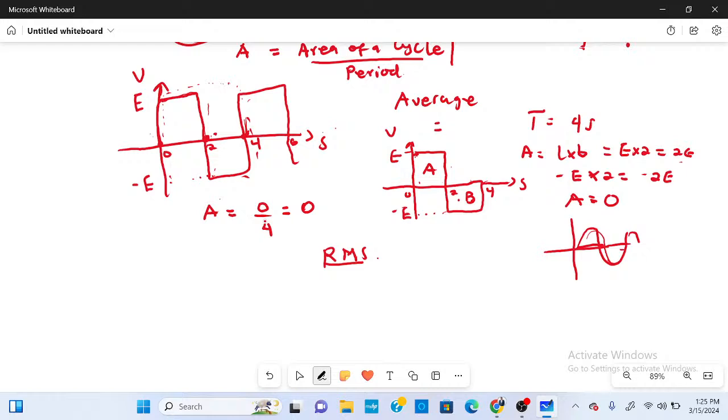So for the RMS, we are going to have the following steps. You always identify your cycle. The second part is you identify your period. Then the third part is you square the cycle.